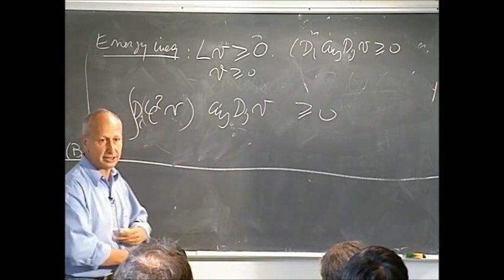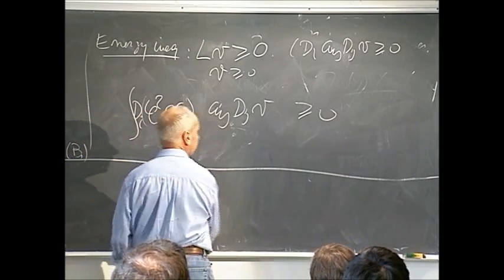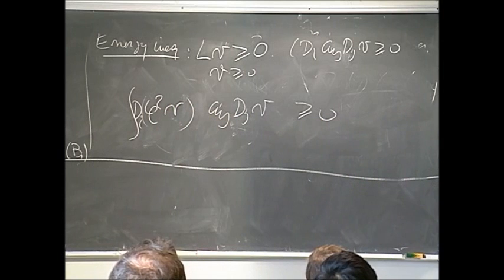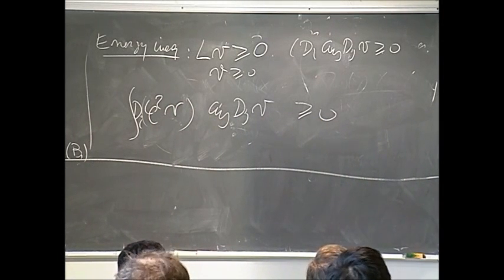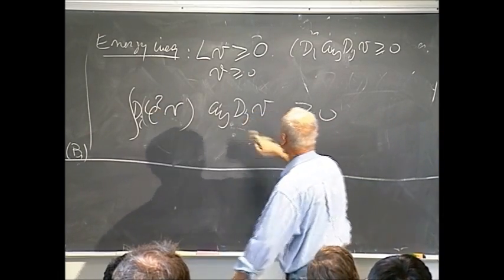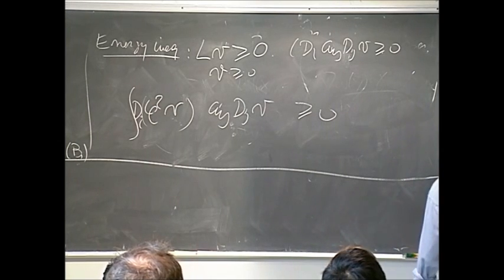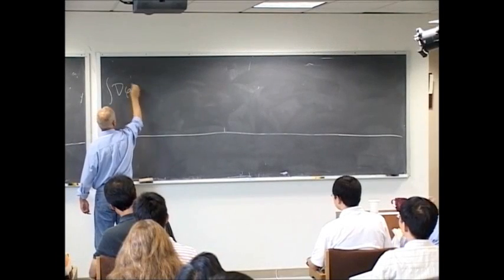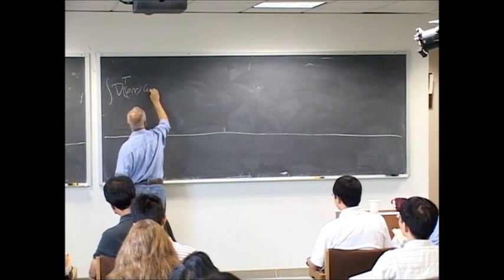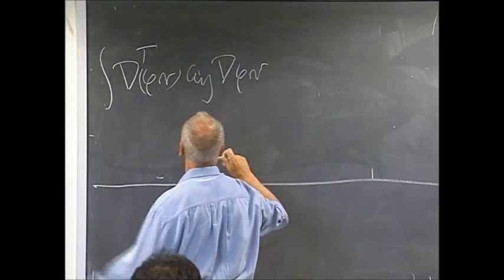So you just do the computations, which I won't do, and you get the energy inequality that says that you will succeed in passing a phi from here to here. So you have the integral of gradient of phi V transpose A_ij gradient phi V, right? But you will have a leftover term.